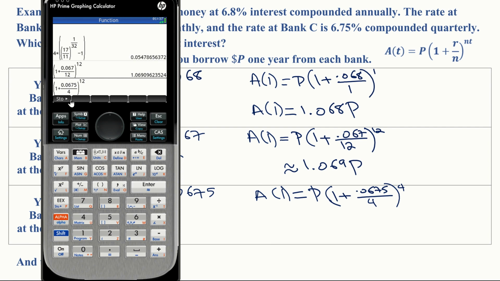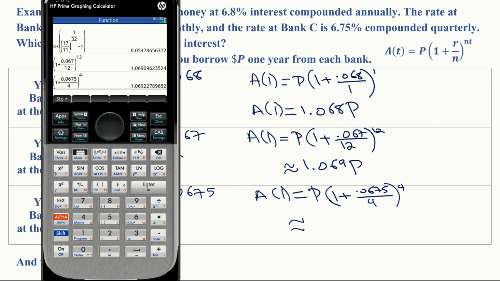And I'm going to change the 12 to 4. Right? Double check. 1 plus 0.0675 over 4 to the power of 4, right? So we get approximately 1.069, right?